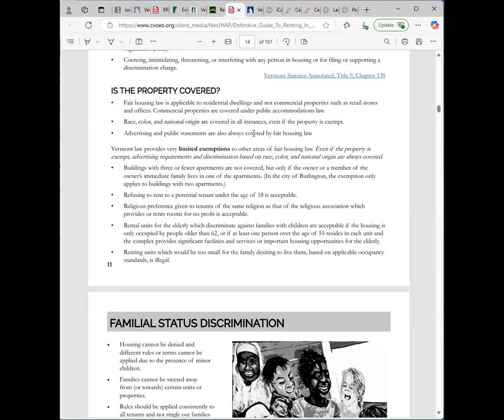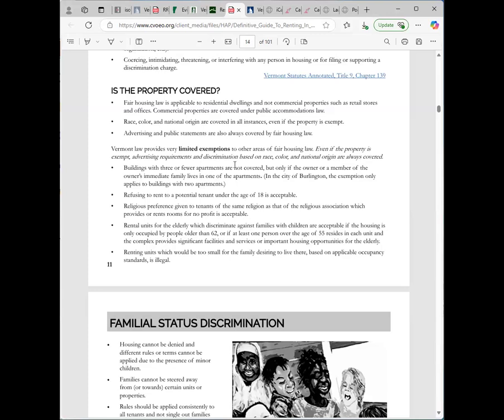And then the last one for the very limited exemptions for fair housing laws, renting units which would be too small for a family desiring to live there based on the applicable occupancy standards is illegal. So I'm going to read that one again because I read it fast. Renting units which would be too small for the family desiring to live there based on the applicable occupancy standards is illegal.